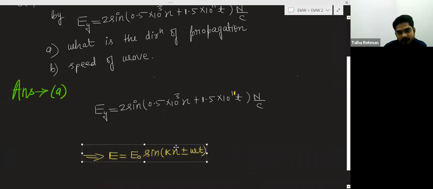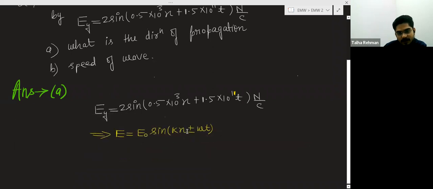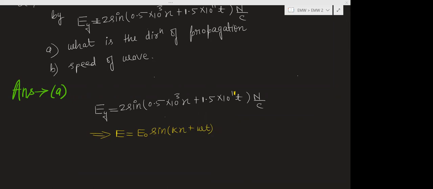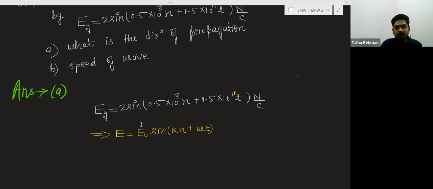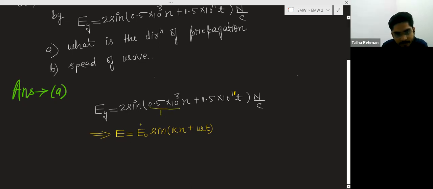So basically in this equation, here is a plus sign in between, so kx plus omega t. With x this value will be k, and with t this value will be omega.